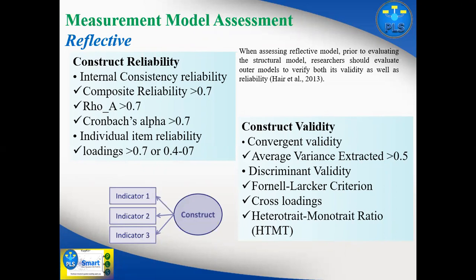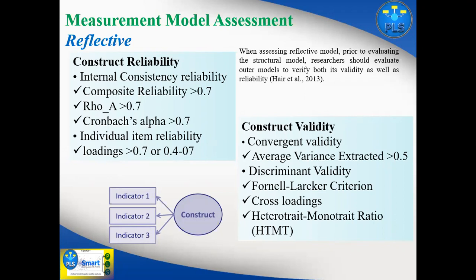Okay, so I said individual item reliability is measured. If we want to know whether reliability of an individual item is achieved, we look at the loadings. Loadings of greater than 0.7 are recommended. But if you have loadings less than 0.7 but greater than 0.4, you leave it if you achieve AVE.